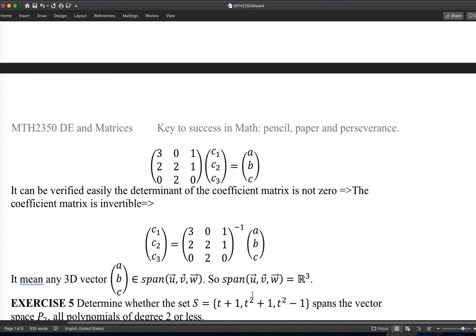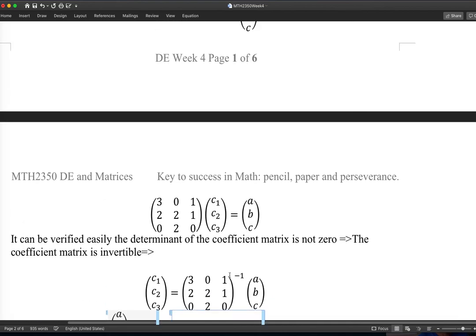So really it means for any vector in the three-dimensional space, it is a linear combination of u, v, x, and so really it means the span of u, v, x.